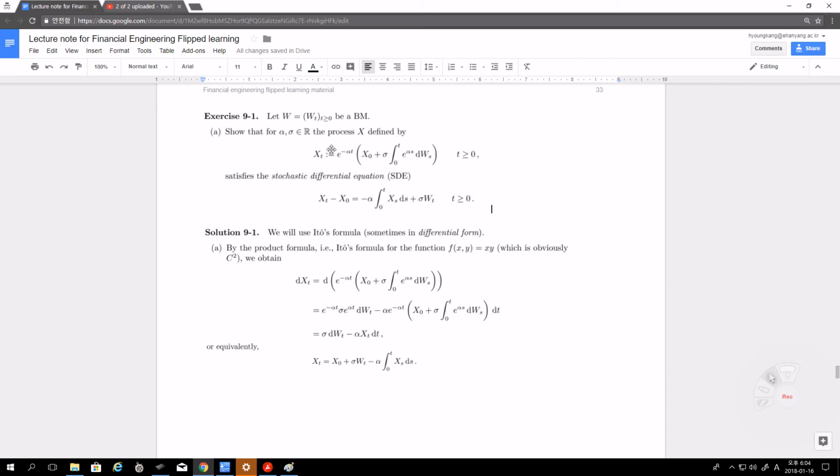What we want to prove is that when xt is given, we want to show this one looks like this one. So this is basically the change of xt from 0 to dt, right? We want to prove this one, okay? So our idea is first we want to solve this one.